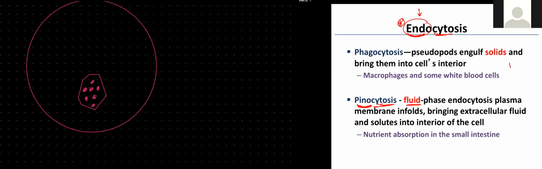I store them in vesicles, and those vesicles will be moving towards my cell membrane, and they will fuse with the cell membrane. They will become part of the cell membrane. And as they fuse, now the content of the vesicle will be released to the outside of the cell. So now the hormones I wanted to transport are moved from the vesicles to the outside.